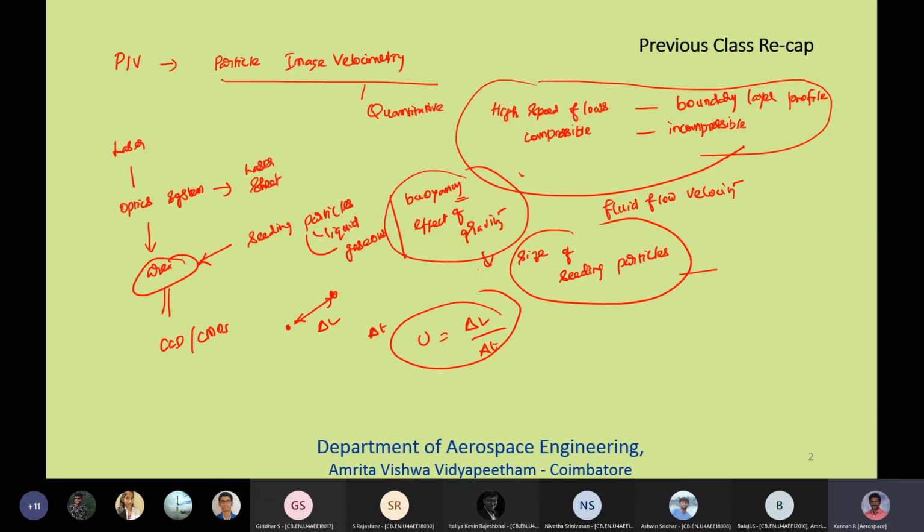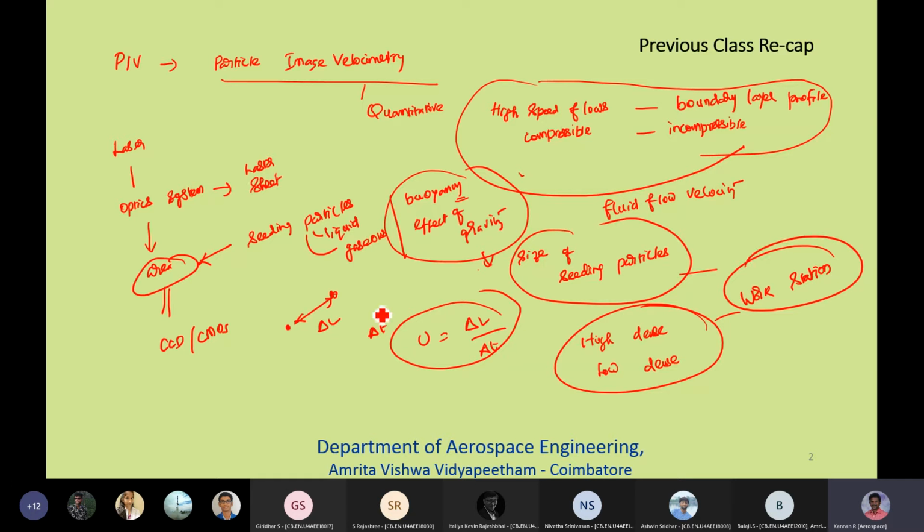But with a highly dense population of seeding particles, or a low dense population, you see how many particles there are and how they are going to correlate. So it's going to be a tedious process. You need a workstation with high-end computation to process those images, and it is going to provide the velocity field data.